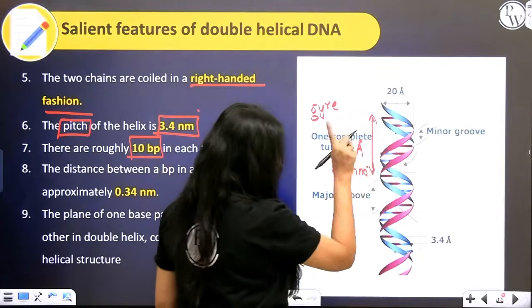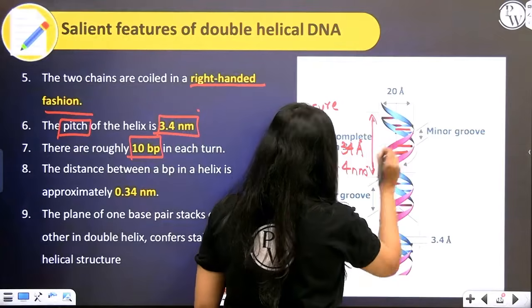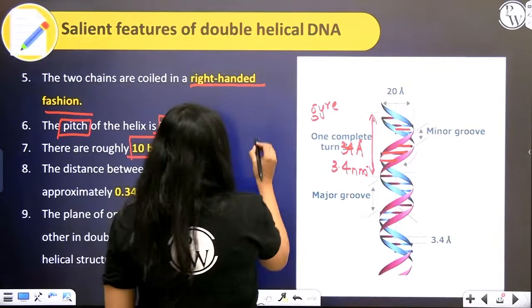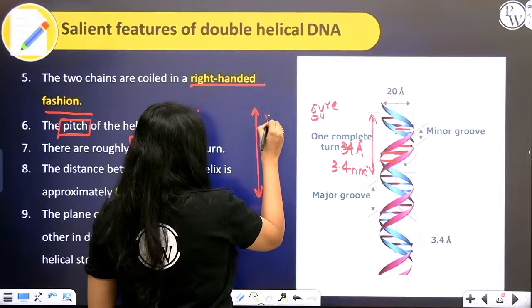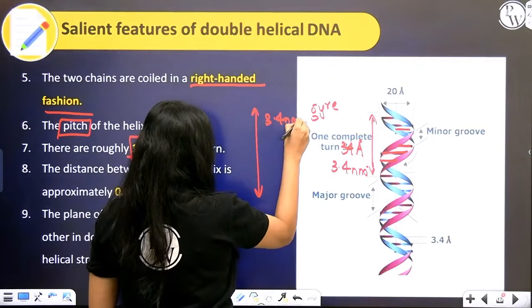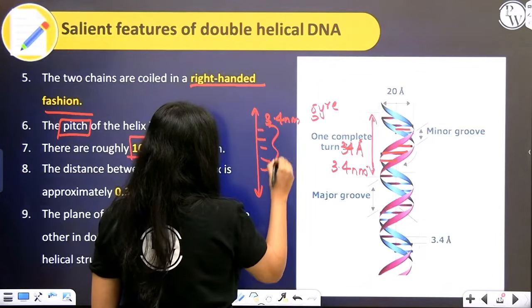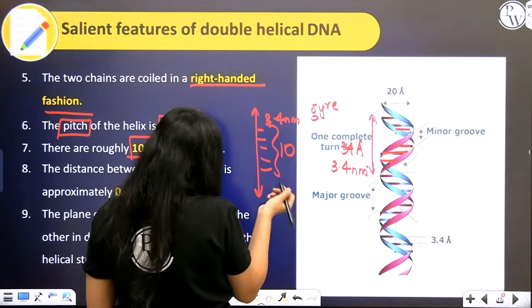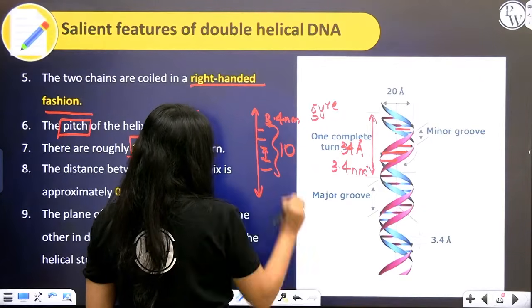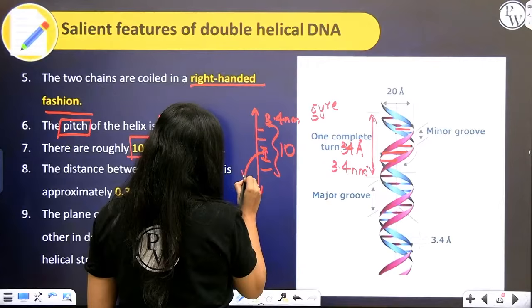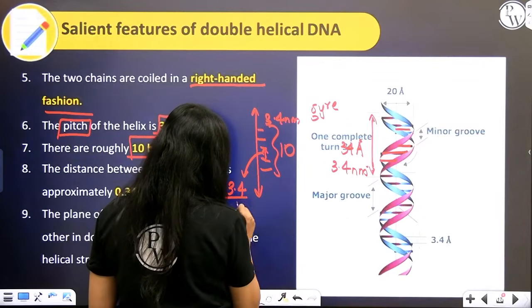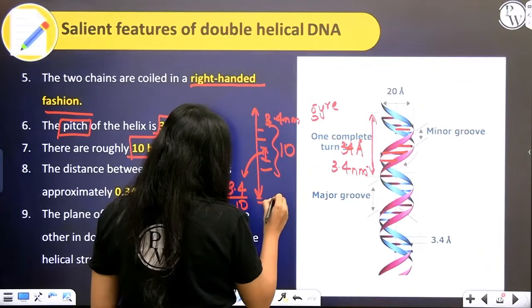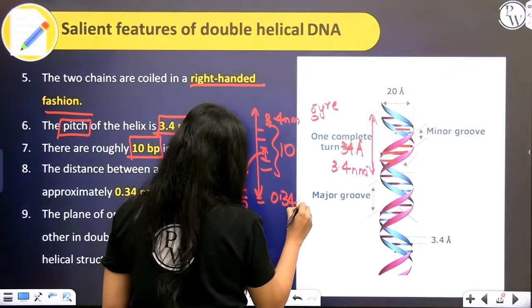So in this one full turn, you can find about 10 base pairs. If one pitch is measuring 3.4 nanometers and here you can find 10 base pairs, what will ideally be the distance between two consecutive base pairs? That would be 3.4 divided by 10, which is equal to 0.34 nanometers.